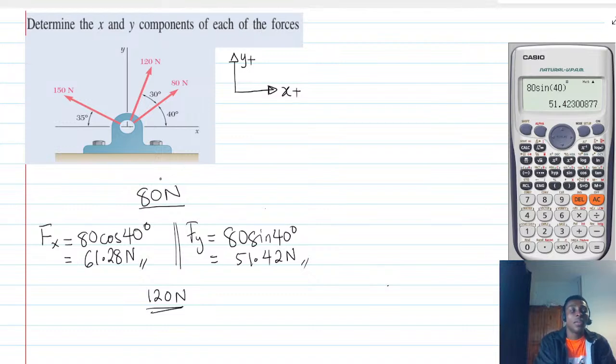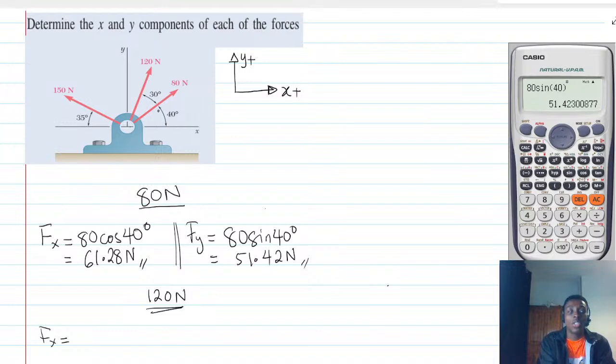So let's do the 120 Newton force. Okay, so with a 120 Newton force, what is it going to be then? All right, so our X component is going to be what?